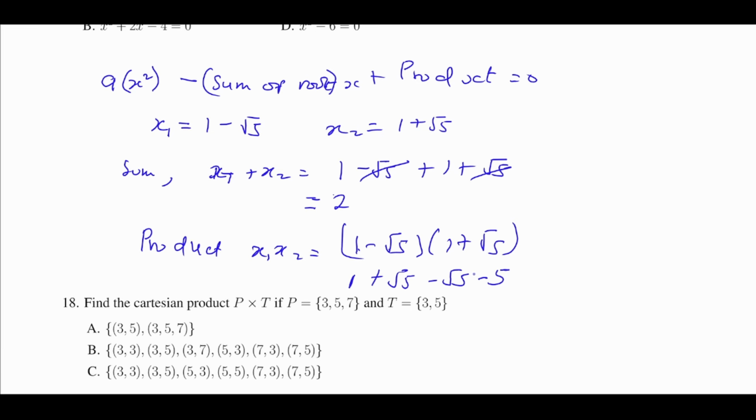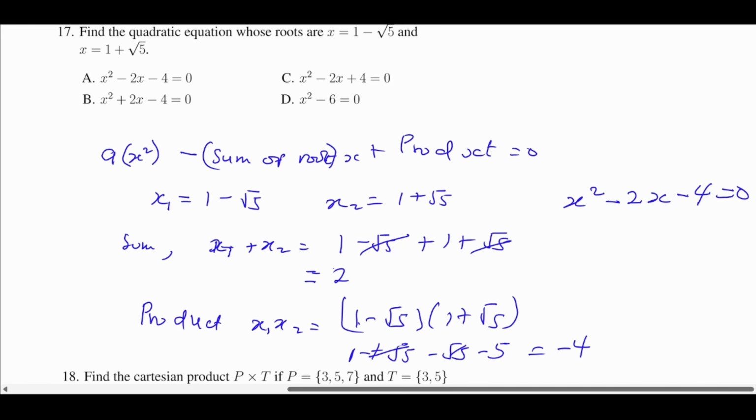Then when I simplify, this one cancels that. Then I have 1 minus 5, that will give me negative 4. So if I put it in my equation, I have x squared minus 2x minus 4 equal to 0. And so the corresponding answer is A. And that is what we have.